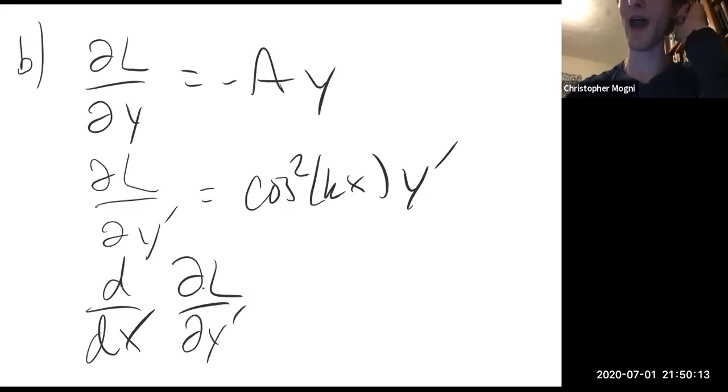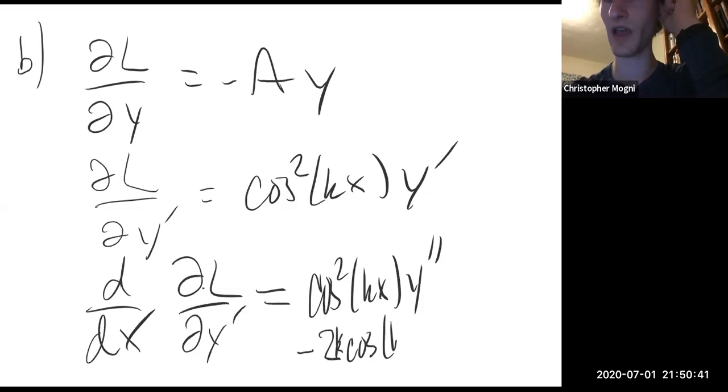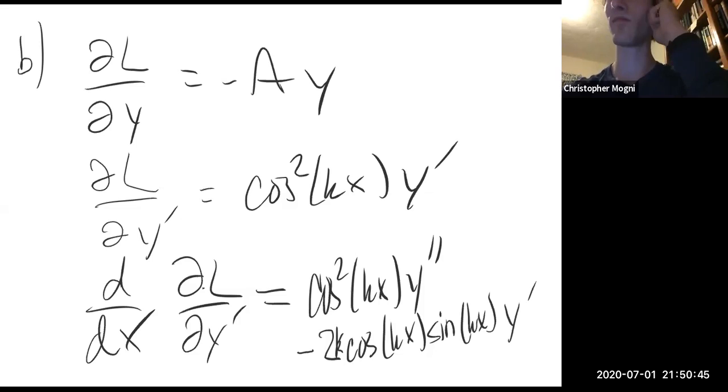dL/dy prime has an extra x dependence in it. So I need to use the product rule. So what that means is I'll have a cos squared kx y double prime, but there's also going to be a minus 2k cos kx sine kx y prime.